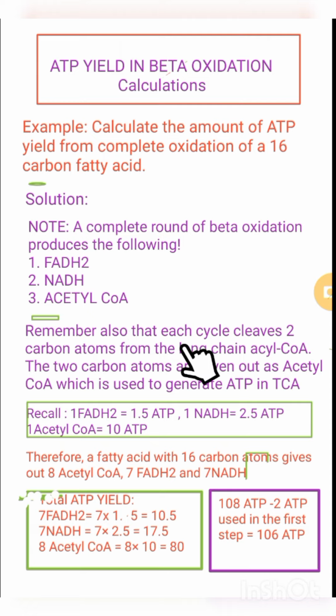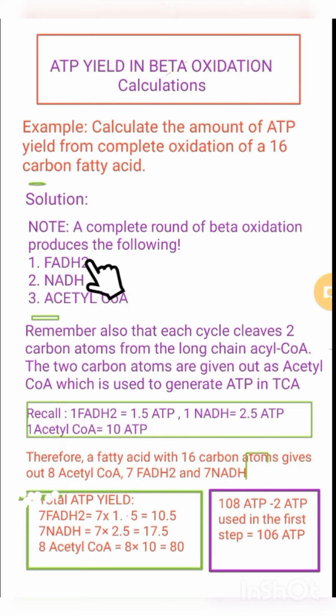Remember also that each cycle cleaves 2 carbon atoms from the long chain acetyl-CoA, which is the activated fatty acid. The 2 carbon atoms are given out as acetyl-CoA, which is used to generate ATP in the TCA cycle. So if you have a 16 carbon fatty acid, for each round you are chopping off 2 from the 16. First round you chop 2 carbon atoms, which come out as acetyl-CoA, and you remain with 14.